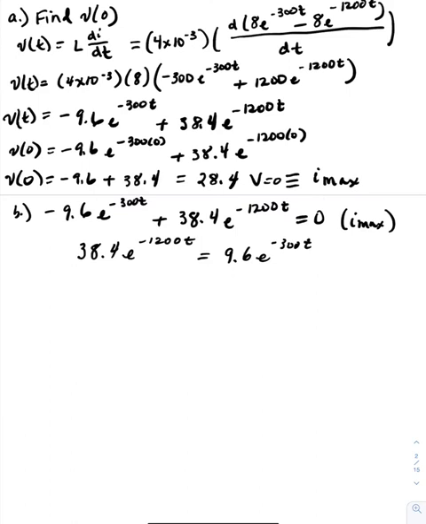So let's divide by 38.4 e to the minus 300t.